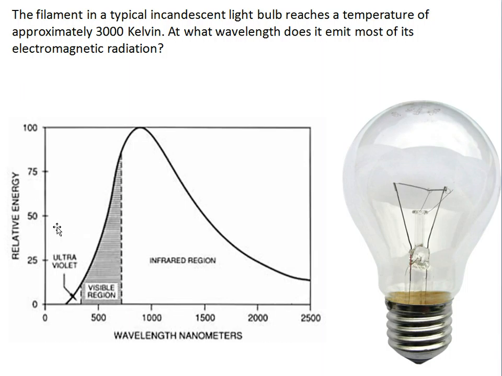And this is what the spectrum of an incandescent light bulb looks like. The spectrum is peaking at, what did we have? We had 967 nanometers. That's right around here, just a little bit less than 1,000 nanometers. This is in the infrared. This is the visible, and that's the ultraviolet.